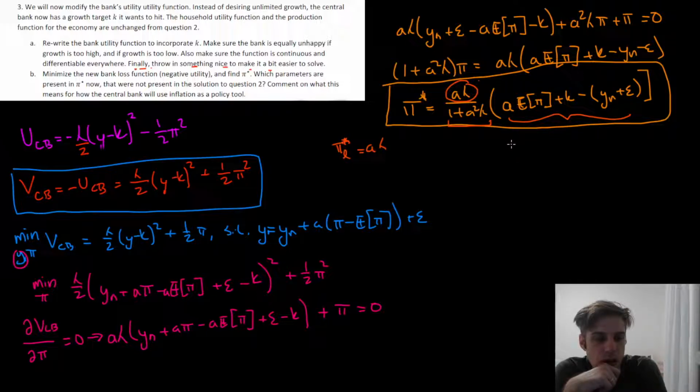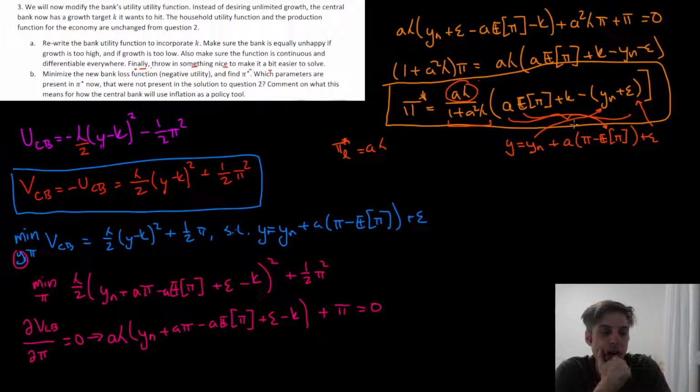The production function is just missing a pi, because we have y equals yn plus a times pi minus expected inflation plus epsilon. You see, it's really close. We have yn here, we have epsilon here, and we have a times the expected pi. So it's like k takes the place of pi almost, like 1 over a k. So there's some kind of connection. It's funny, I don't have an answer for exactly what it means, but it's very close.